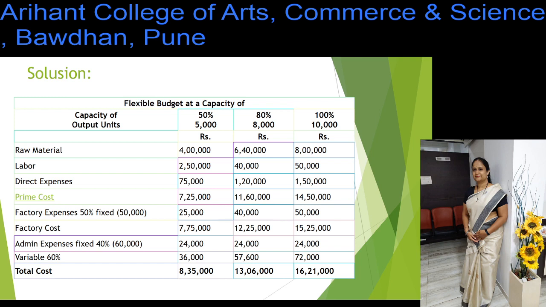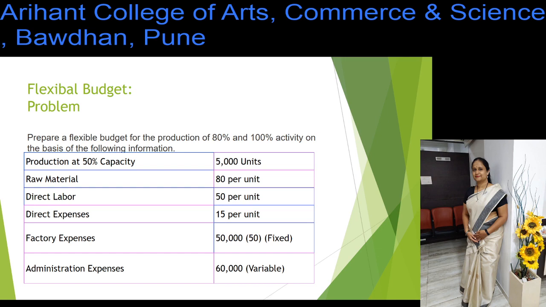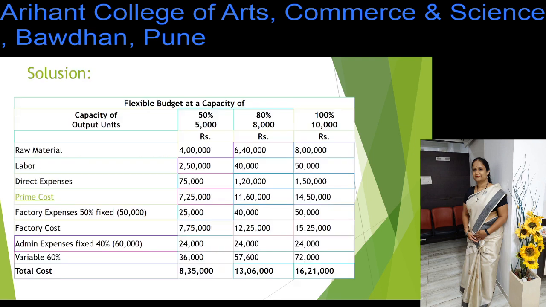Raw material is given as 80 per unit. So 80 into 5,000, that is 4 lakh.